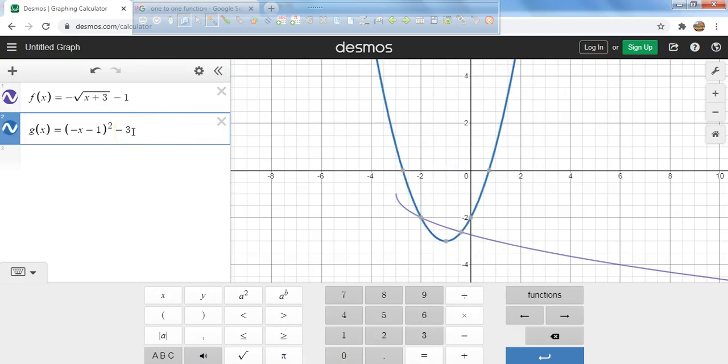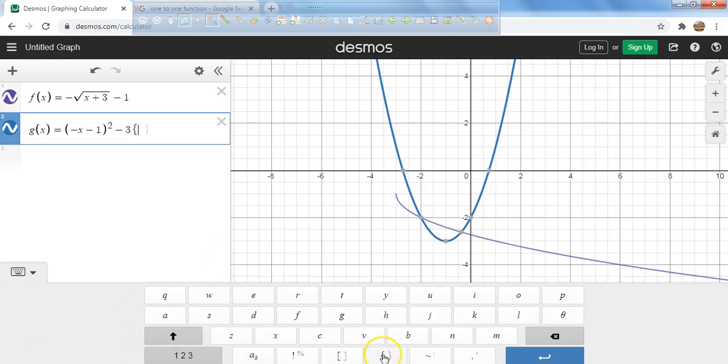Minus 3. And you're like, I think you are sorely mistaken, because these don't look like inverses of each other. But we have to restrict the domain. We can only graph the domain from, now watch this, there's a set bracket right here.